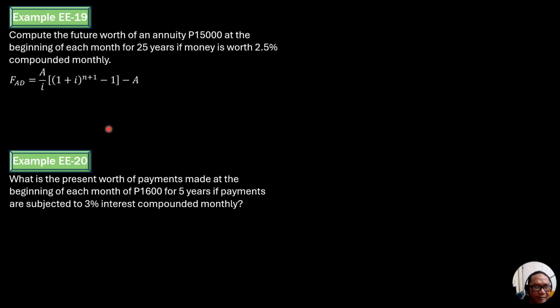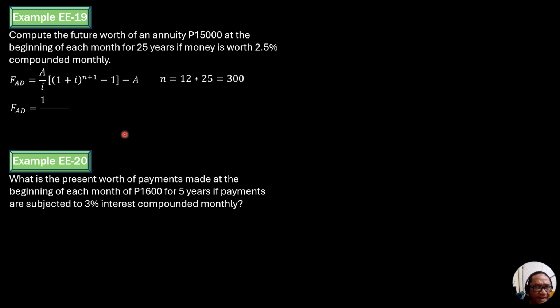So I, which is NR over 12, so n is 12 times 25, 300. Then I is 0.025 over 12. You just substitute it right away here.